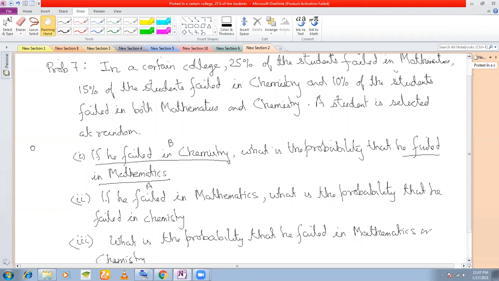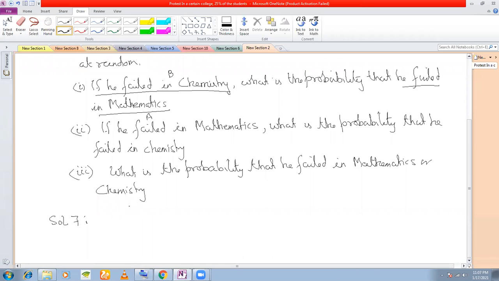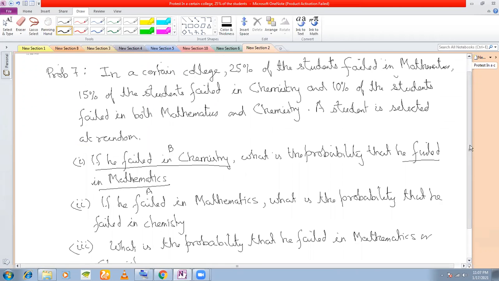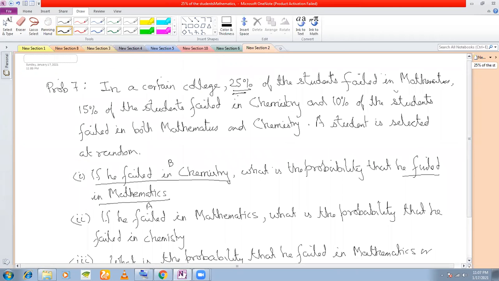But first of all, let us frame the events first. What is the given percentage here? 25% failed in mathematics, 15% failed in chemistry. If I call the event A as student failed in mathematics, then what is P(A)? 0.25, 25 by 100, that is 1 by 4.